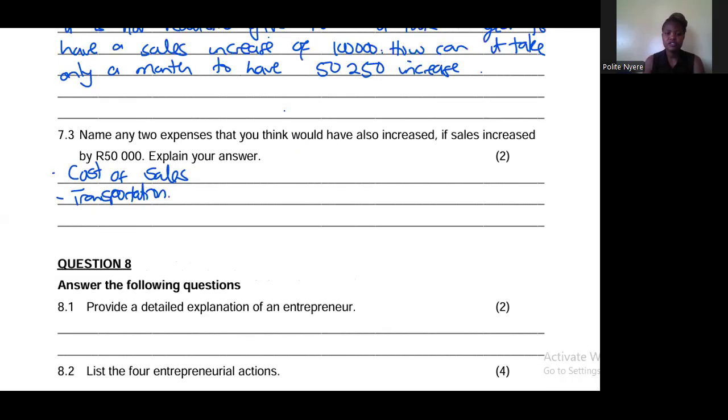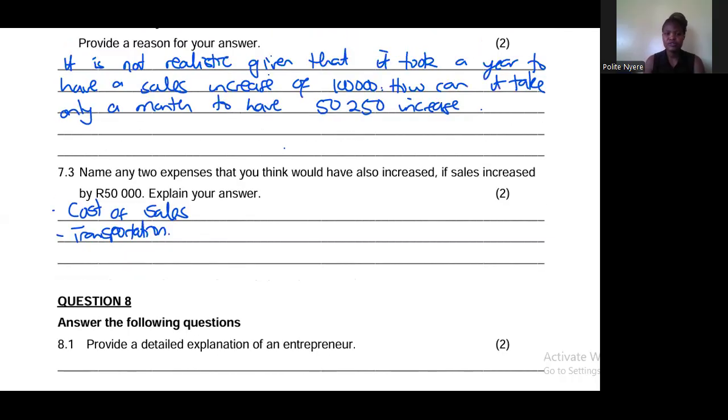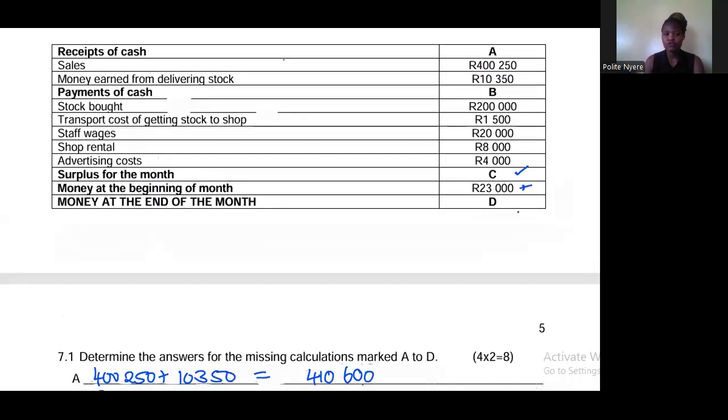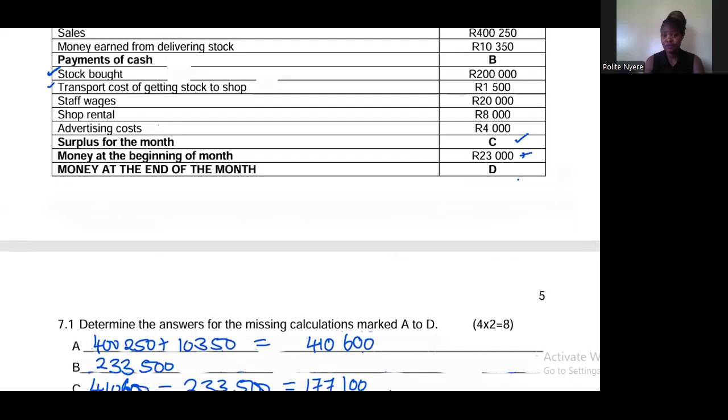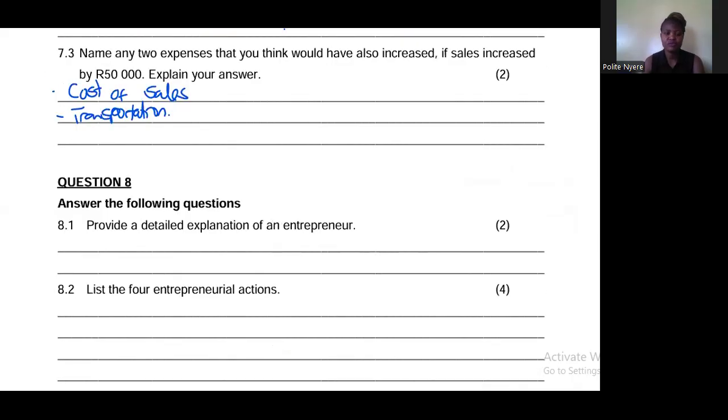Because if sales increase, it means you are supposed to buy more stock. So the amount of stock bought is going to increase, and that is going to increase also our transport costs. Also, even advertising, it might be depending on the situation.